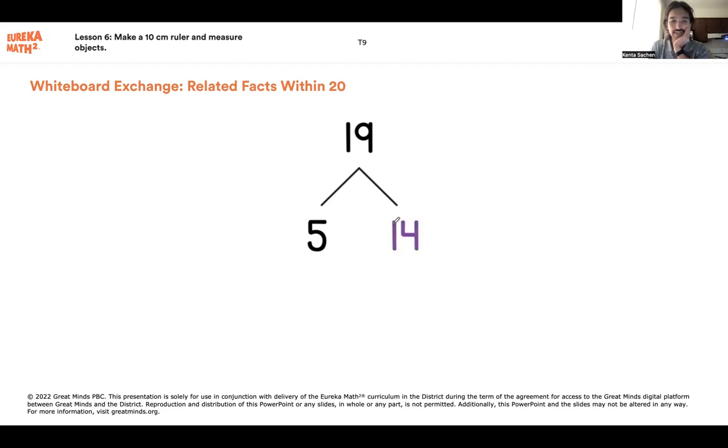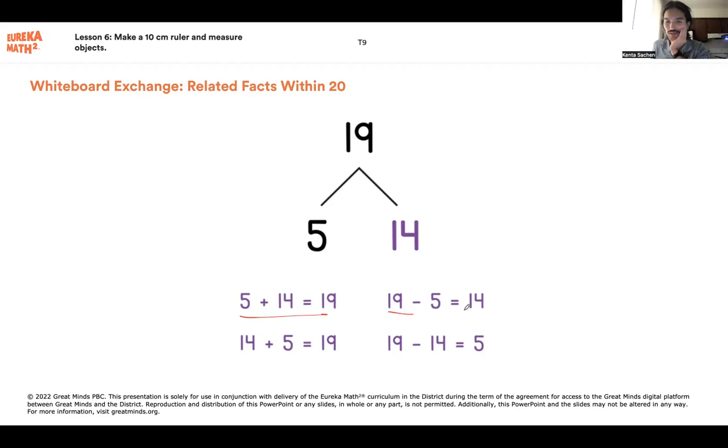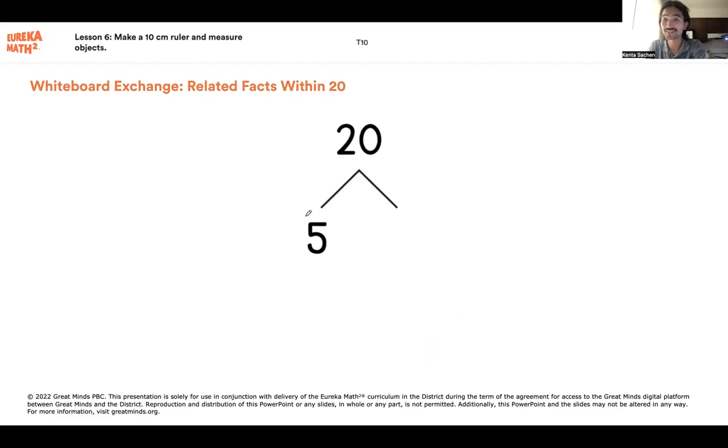So I can say 5 plus 14 equals 19. 19 minus 5 equals 14. 14 plus 5 equals 19. And one more, 19 minus 14 equals 5. Great work, second grade.